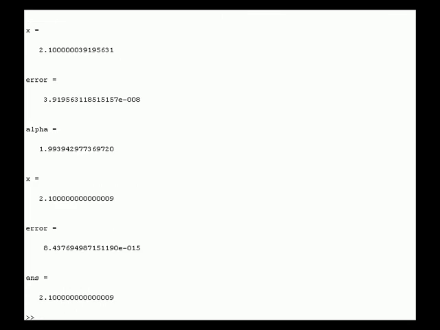Now let's try to find the other root at 1.1 that bisection had trouble with. So let's start near 1.1. The true root is 1.1. We start at 1.0. This time it's converging very slowly. It's supposed to be at 1.1. It's 1.098 after 10 iterations.